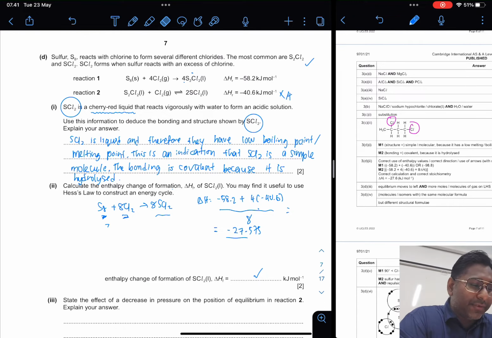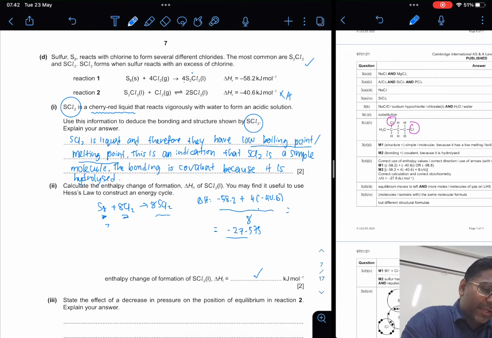We want to deduce the bonding and the structure of SCl2. It is a liquid, so we know it has a low boiling point or melting point. That's an indication that this is going to be a simple molecule. So that's the first answer, simple molecule.